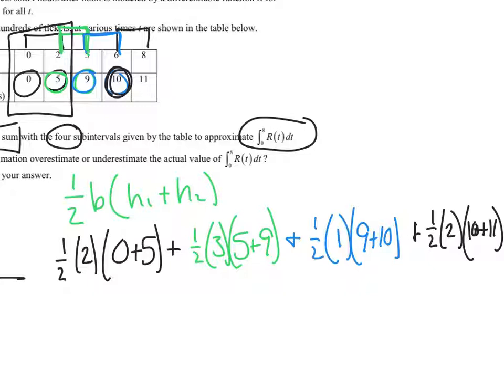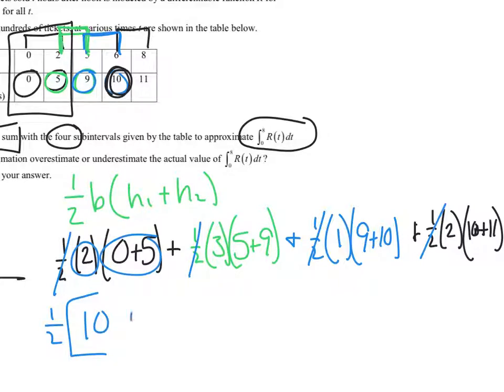Okay, so now when I go to calculate this, again, I'm trying to make my math as simple as possible. You usually don't get calculators on these questions. Every now and then you do. I'll just divide out a GCF of 1/2. And I'll just multiply my final answer by 1/2. So I really have 2 times 5, so I get 10. Plus 9 and 5 is 14 times 3. That gets me 42.